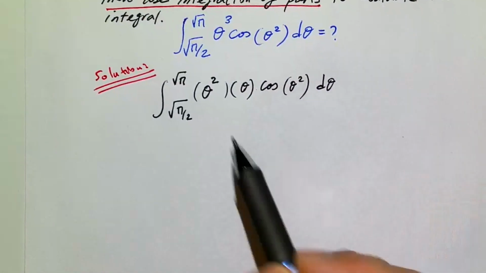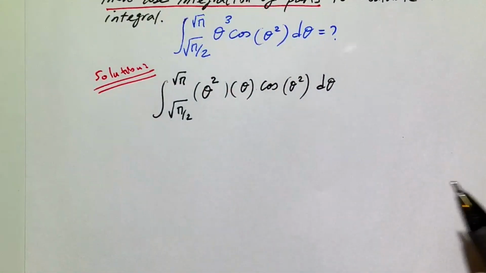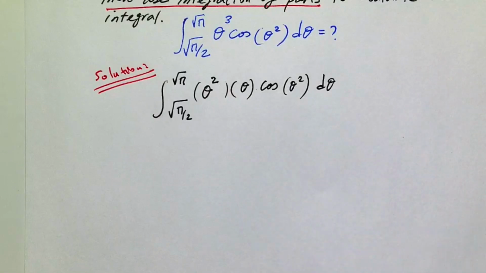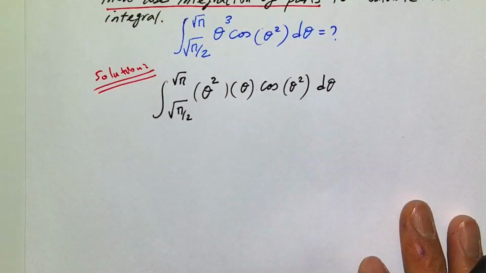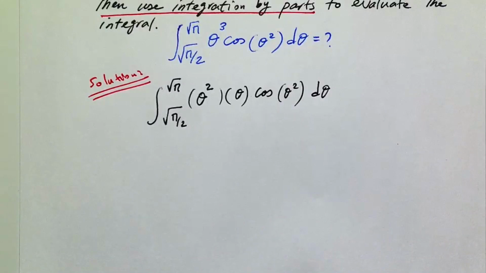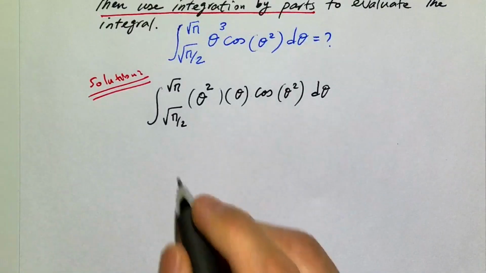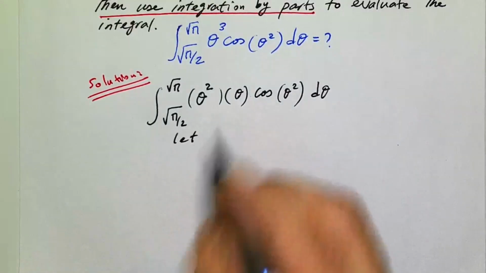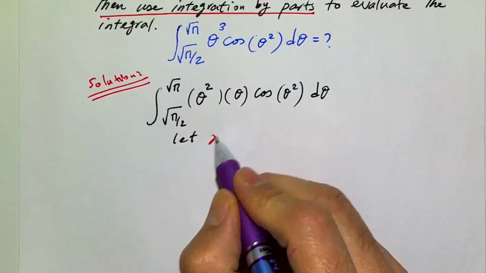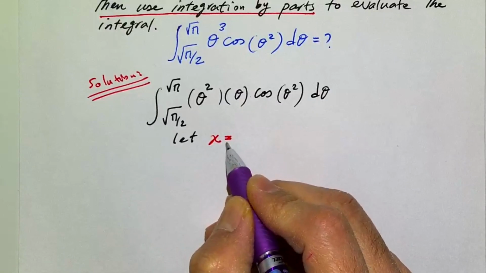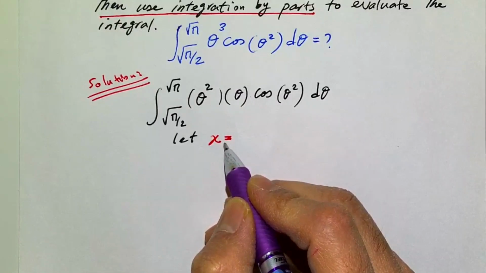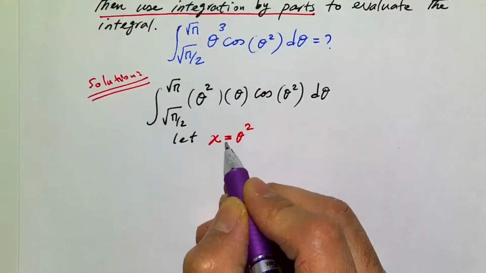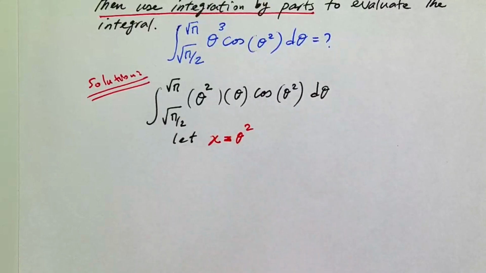So if we take, let's say, x, not u, right? U is for using integration by parts. Let's use x, some other variable than u. So let x be equal to theta squared.